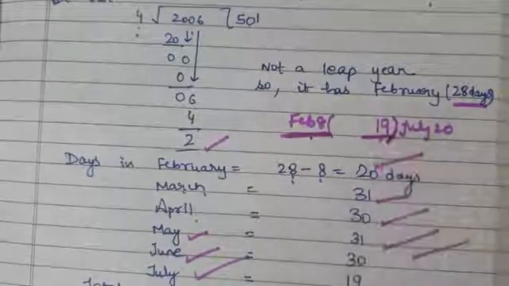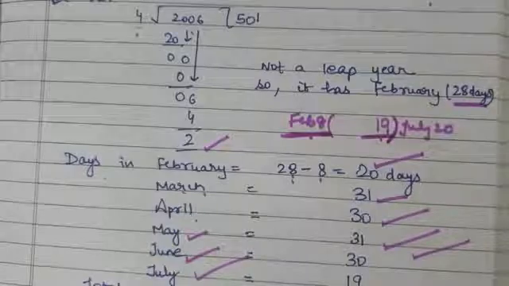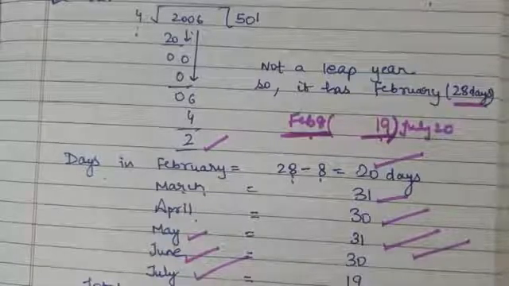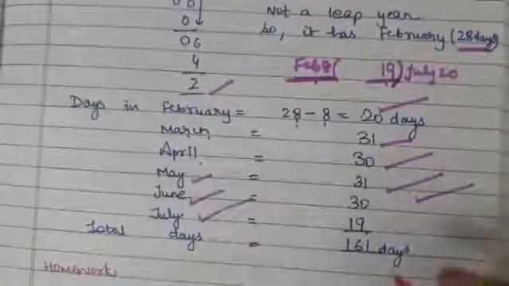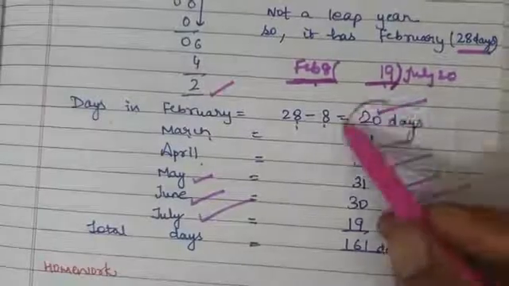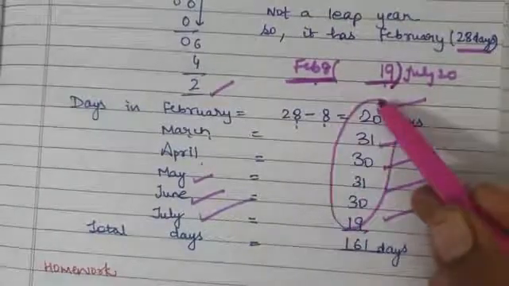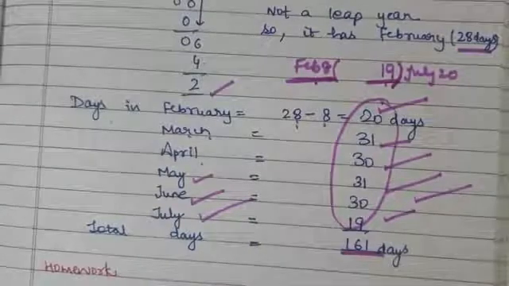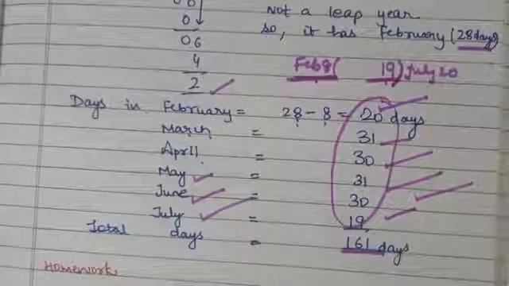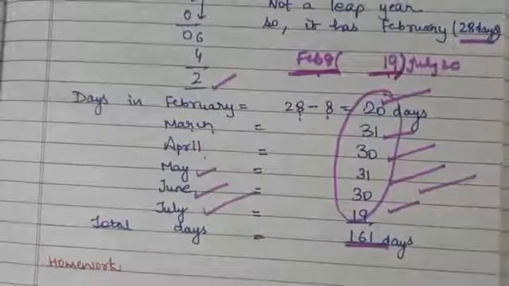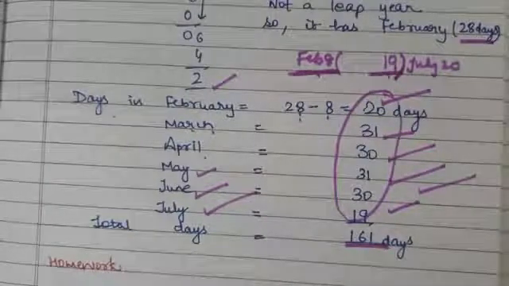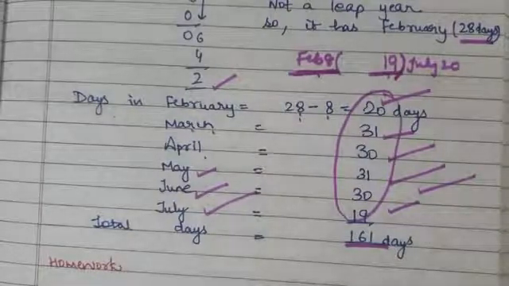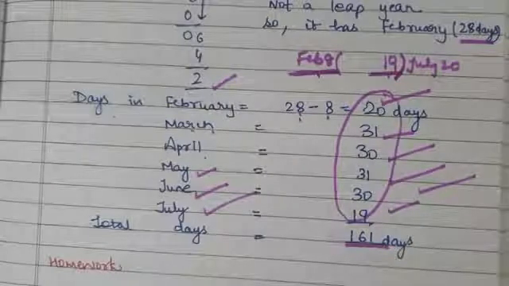So how many days are there in July? Yes, there will be 19 days. Now add all the number of days. So we get what? We get 161 days.